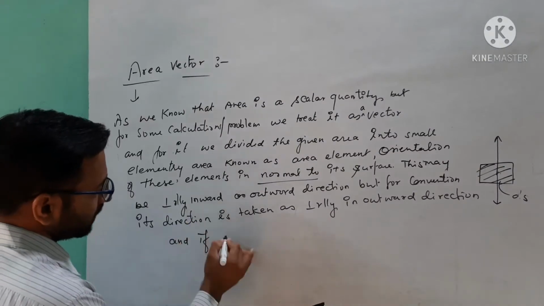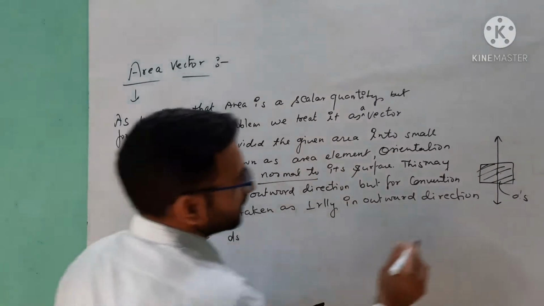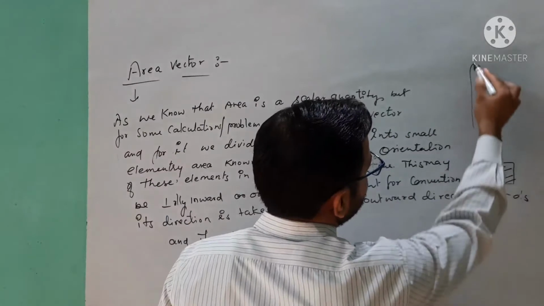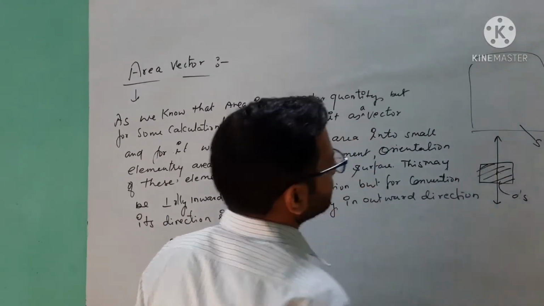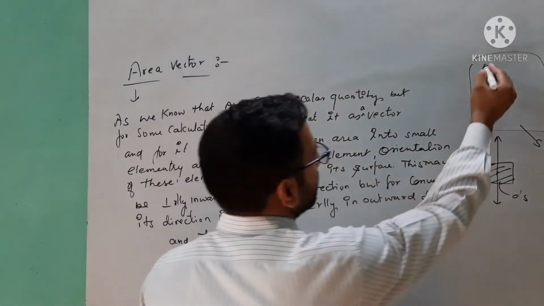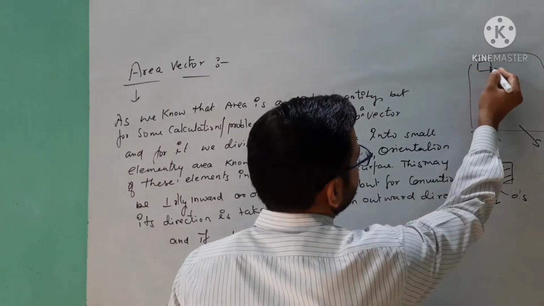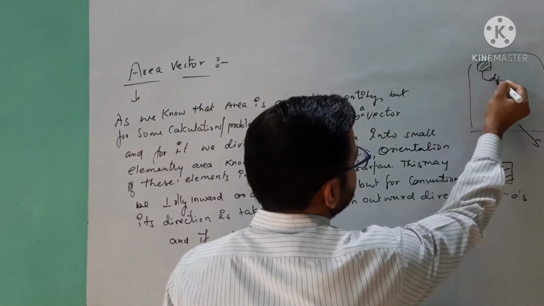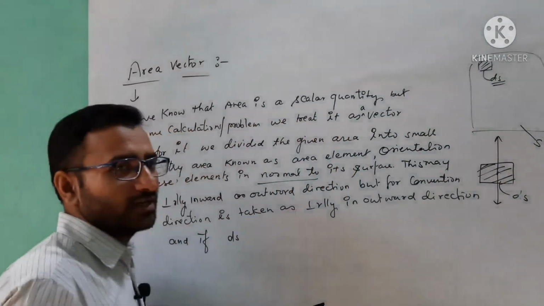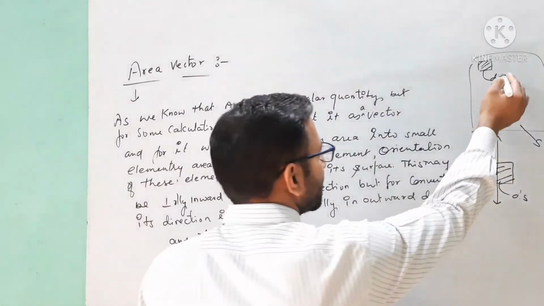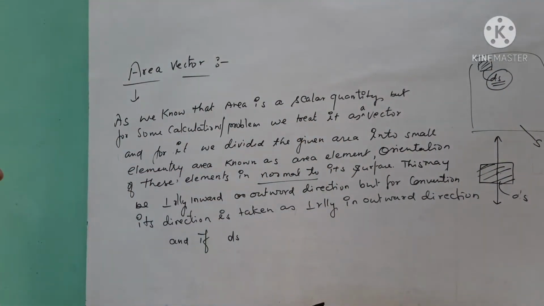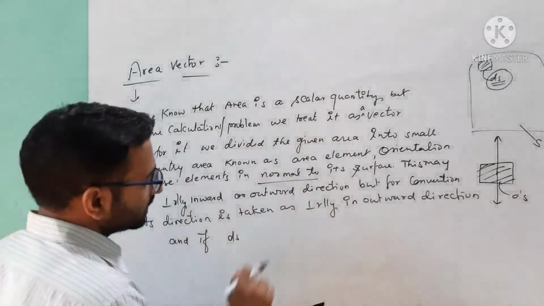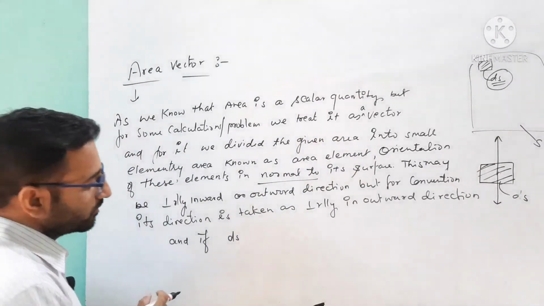If we have a full enclosed surface S, inside this surface I am taking an elementary area, supposed to be this one, having magnitude of surface area ds. If I want to represent the area vector, let's see how we will represent it.